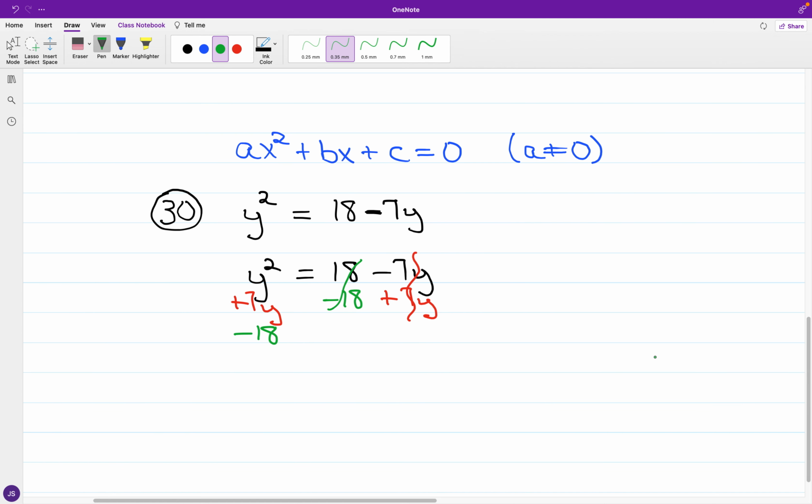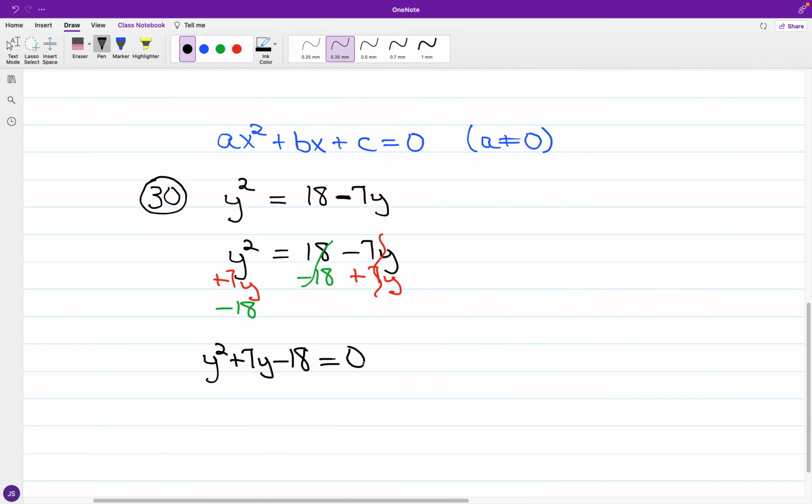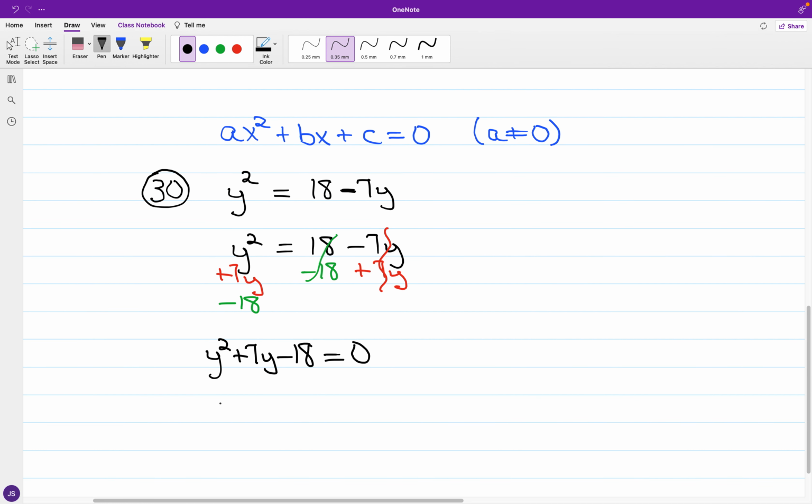Realigning the terms, I have y squared plus 7y minus 18 is equal to 0. This equation is in standard form, and we can use the zero product property.